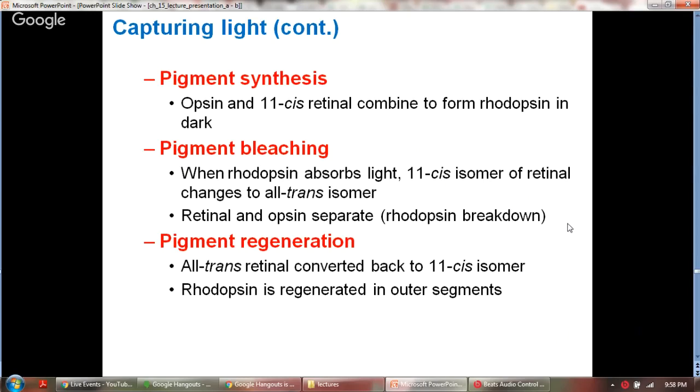In pigment regeneration, all-trans retinal is converted back into the 11-cis isomer, and then rhodopsin is regenerated in the outer segment. If you notice, the 11-cis retinal is the one you need to see, and therefore it breaks down into all-trans, and then regeneration brings the 11-cis isomer back.